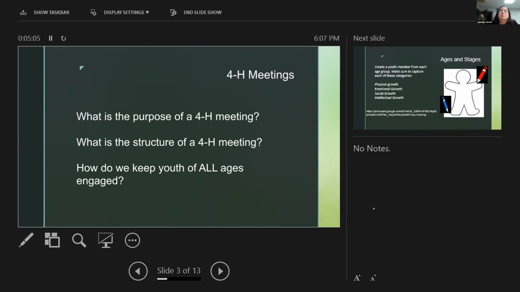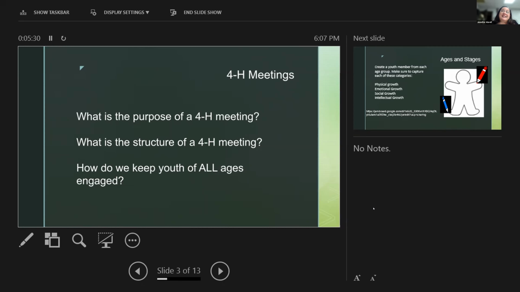Another purpose is to build those skills, right? So we're going to do some educational things in a meeting. And then a big purpose of a 4-H meeting is fellowship with one another. So the kids get to have that chance to be with each other, maybe meet new people, and get to work and play together so that they're learning to interact.